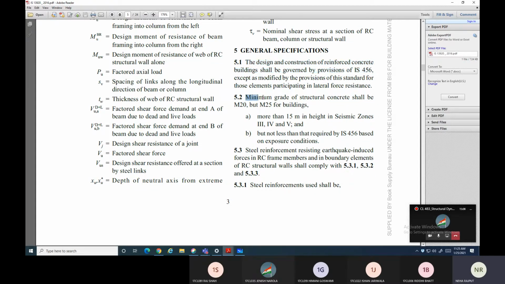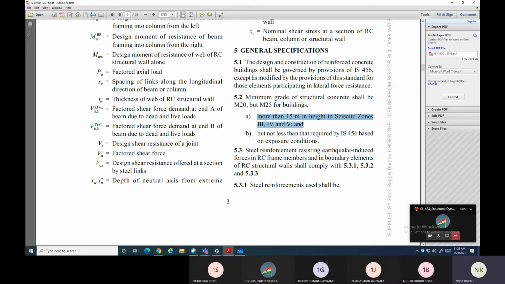Then the minimum grade of structural concrete shall be M20 grade. So as per this 13920 code, the minimum grade of concrete for the structural member should be M20, and minimum M25 for more than 15-meter height in seismic zone 3, 4 and 5.